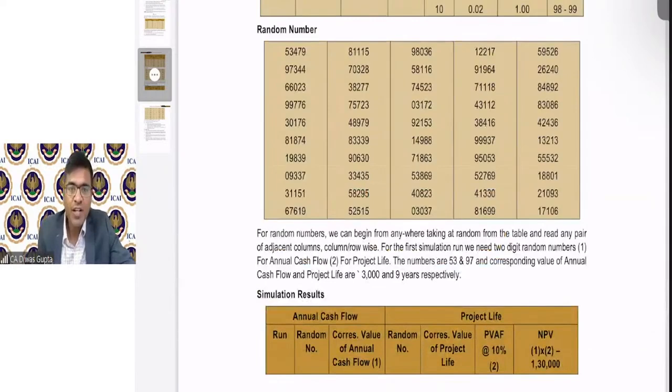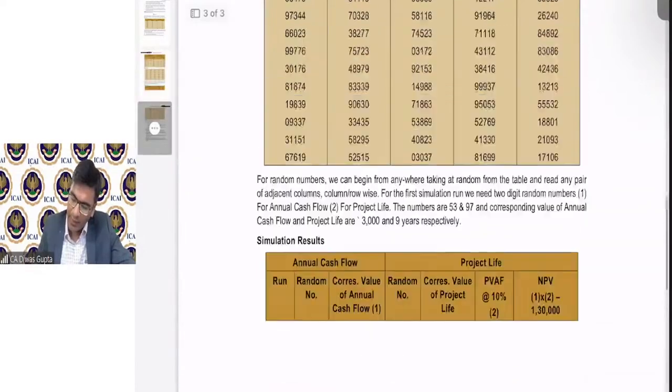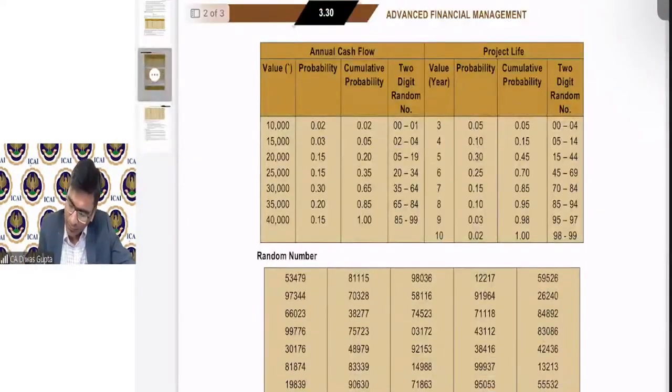Read the first random number 53479. For that, the first two digits have been taken, 53. Now, if you see this 53 random number in the annual cash flow table, it falls between 35 to 64, which is 30,000. So hence we have taken 30,000.